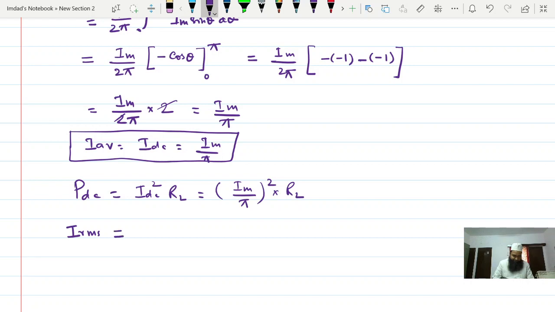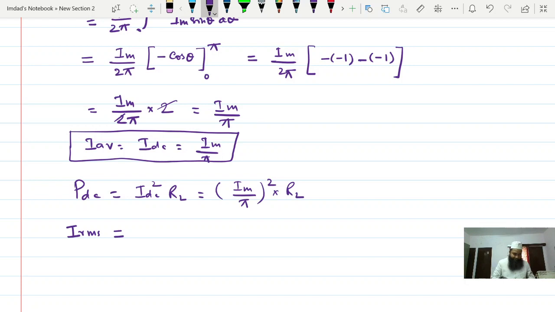IRMS we can define as the area under the square of the rectified output over a cycle upon a base.